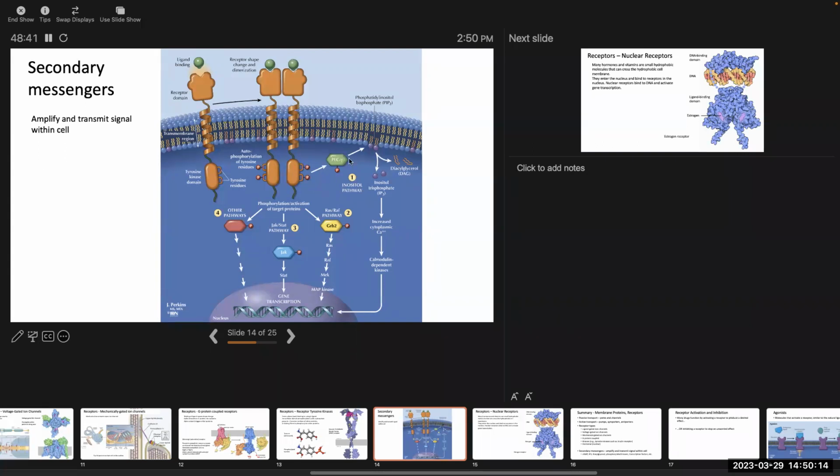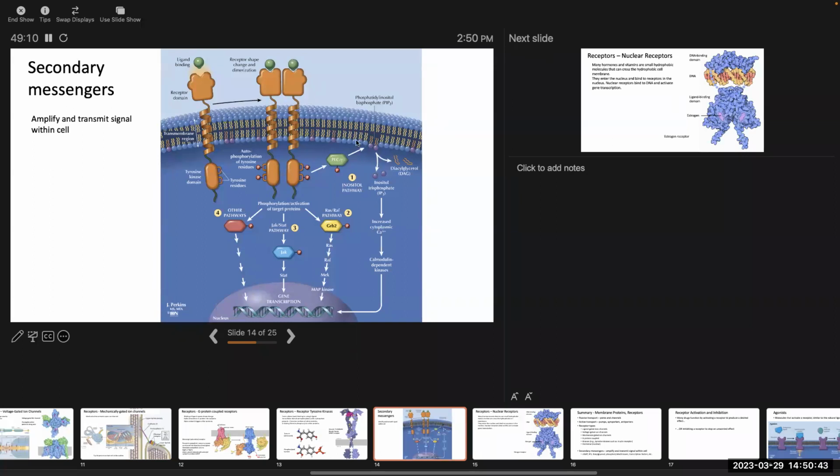So, for example, it can phosphorylate a protein called phospholipase C gamma, this little green hexagon-looking thing. And phospholipase C gamma is going to interact with some lipids in the cell membrane. There's a lipid called phosphatidylinositol bisphosphate, or PIP2.